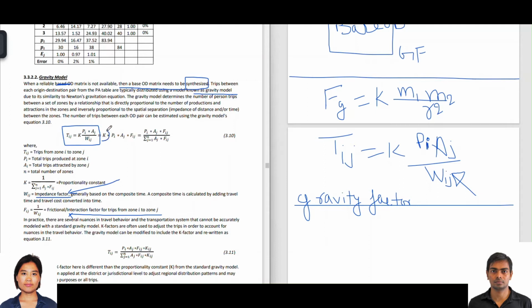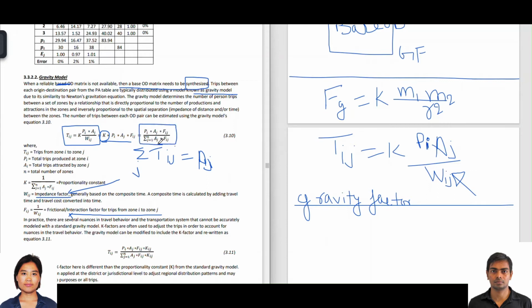Then this proportionality constant can be determined by summing Tij. If we sum it with respect to I, then we will get Aj, and if we sum it with respect to J, we will get Pi. Since we are summing it up with respect to J, the sum of all Tij is equal to Pi, and then we can calculate this K. K can be calculated as 1 divided by the sum over all the J's of Aj times Fij, and that's what is written here.